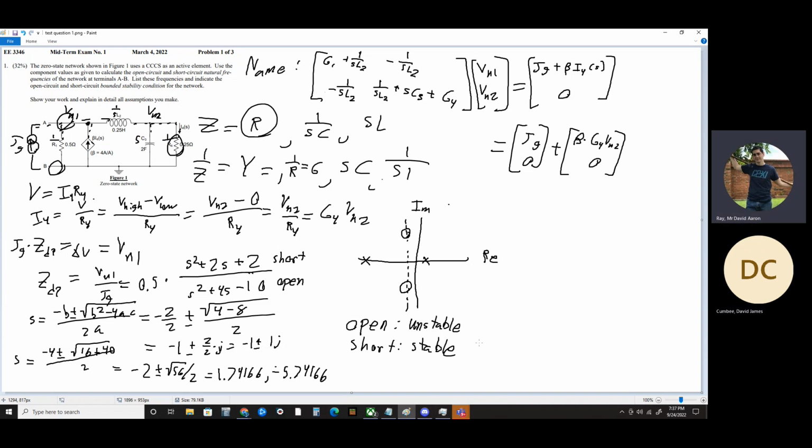So what's going to happen is, if you were to explain that it were stable or unstable, you can either use this graph to explain it. Or you could convert from S domain to time domain, which would involve doing partial fractions.